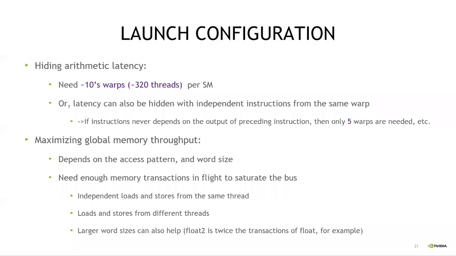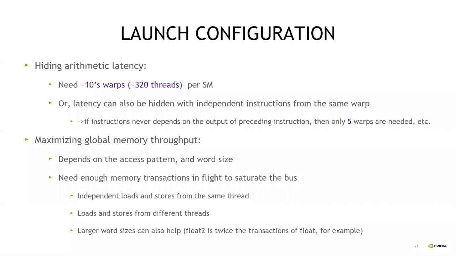So if we have on the order of tens of warps per SM, like 10, 20, 30 warps, we probably are going to give that SM a good opportunity to hide arithmetic latency. But as we know already, global memory latency is much longer. So really we want as many threads as we can get, up to 2048 per SM. We also know that the machine is dual issue.